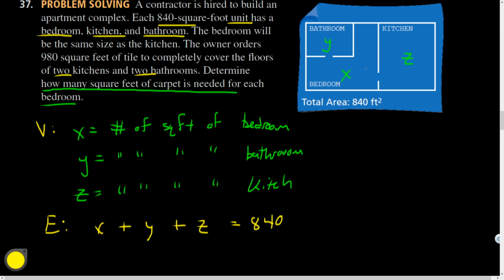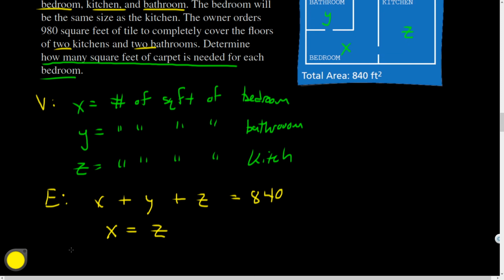So bedroom, even though they're different shapes, they can be the same size. So I'm going to say x equals z describes that. And then it says the owner orders 980 square feet of tile to completely cover 2 kitchens and 2 bathrooms. So that would be 2 y's plus 2 z's. That total square feet is 980.